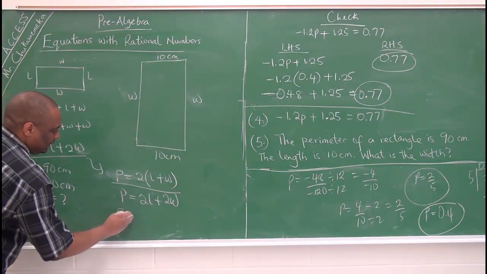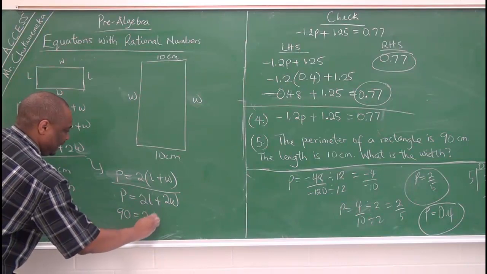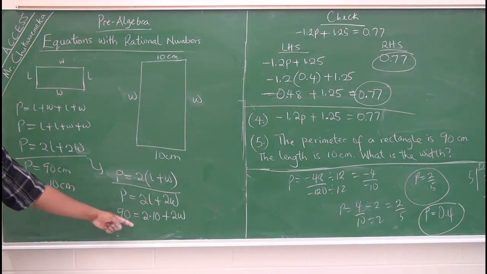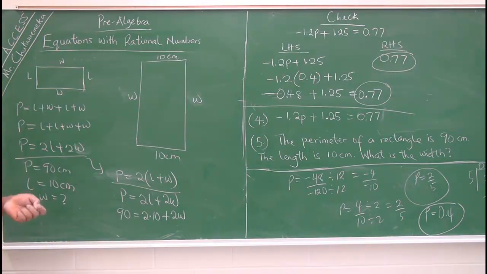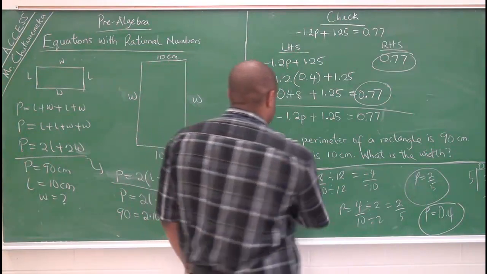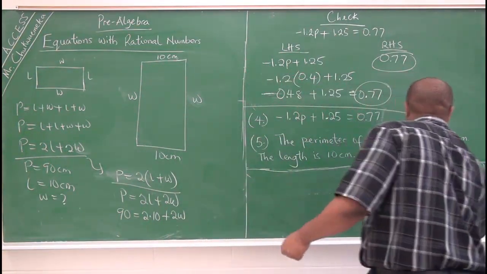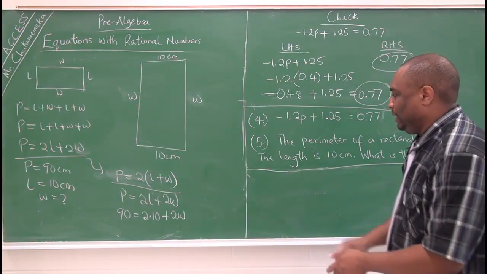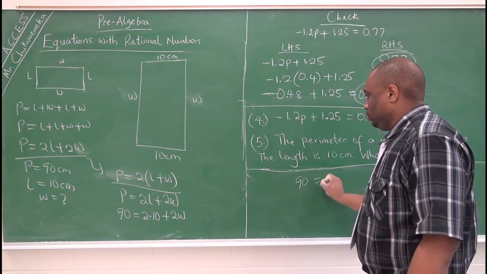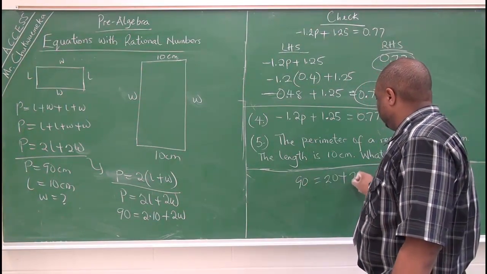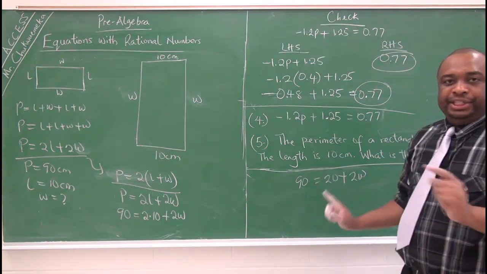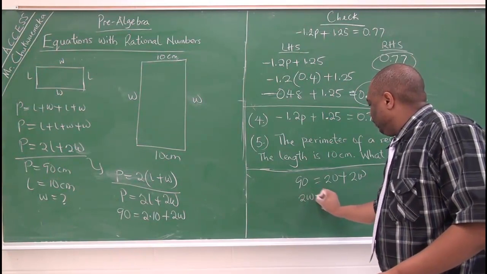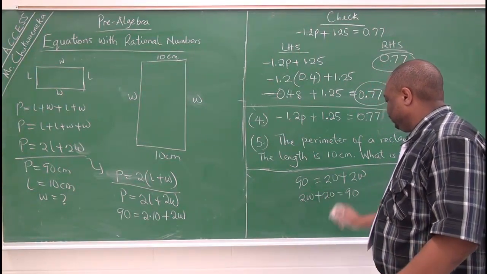So 90 is equal to 2 times 10 plus 2 times width. So let's finish it up here. 2 times 10 is 20, plus 2W. Rearrange, so 2W plus 20 is equal to 90.